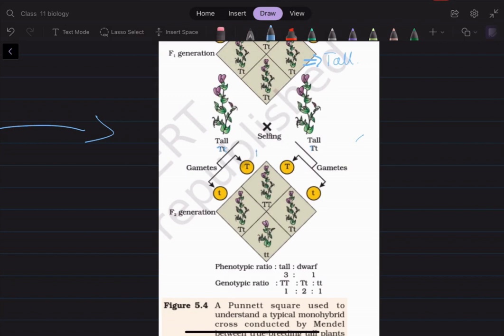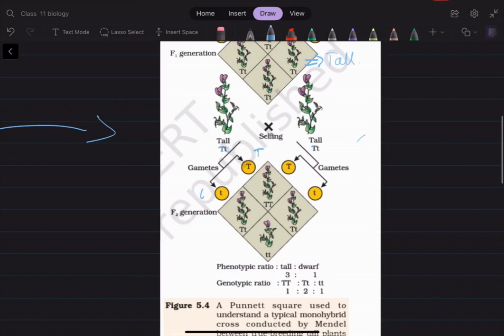One will be carrying the dominant allele, the other will be carrying the recessive allele. So both plants will be producing two types of gametes, and since they are producing two types of gametes, there will be four possible combinations.